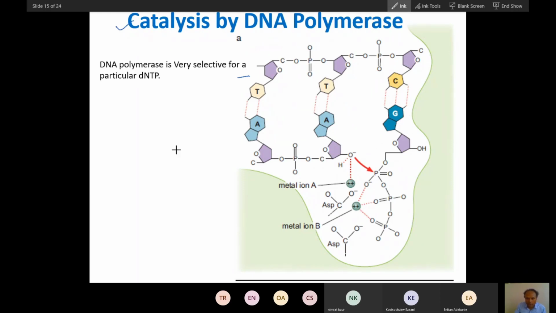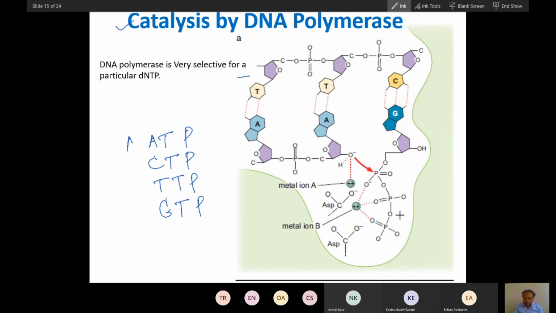Which type of nucleotide is added? dATP, dGTP, dCTP, dTTP. So nucleotides are added in triphosphate form. You can see the 3 phosphates. The new fresh nucleotide will be added in the triphosphate form, and then what will happen?